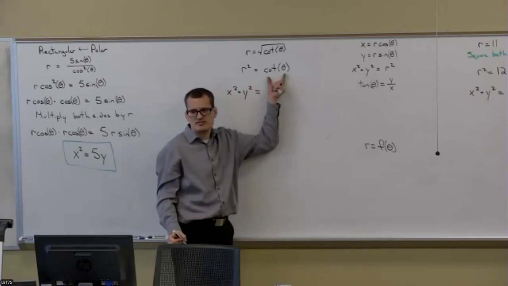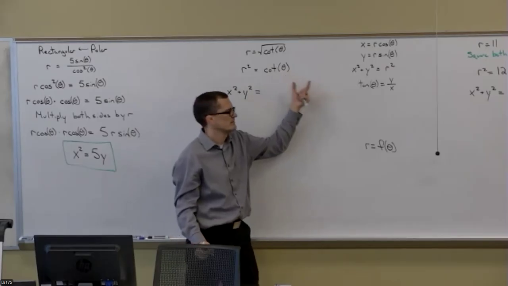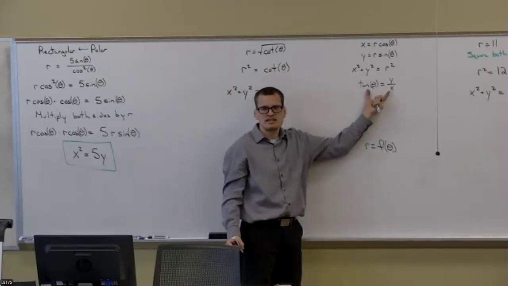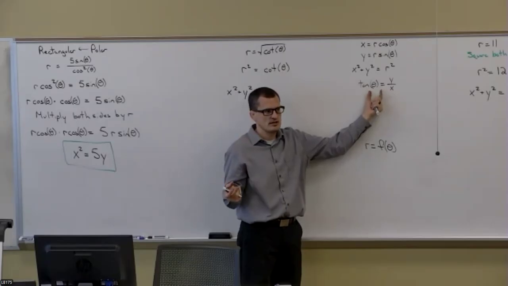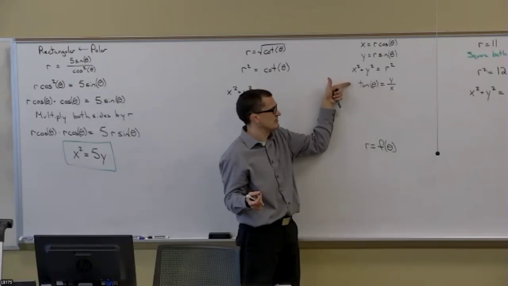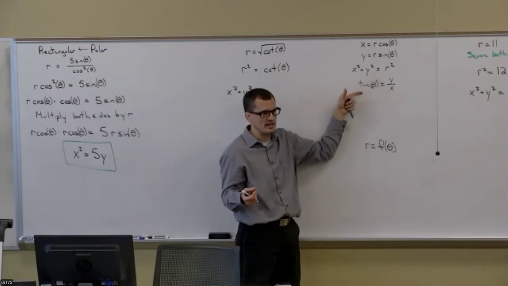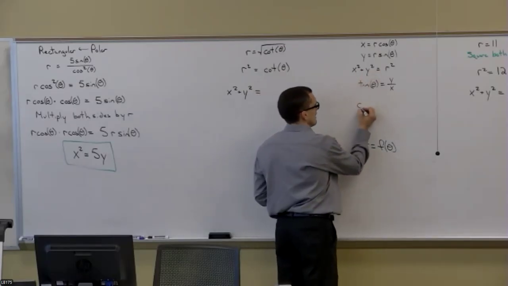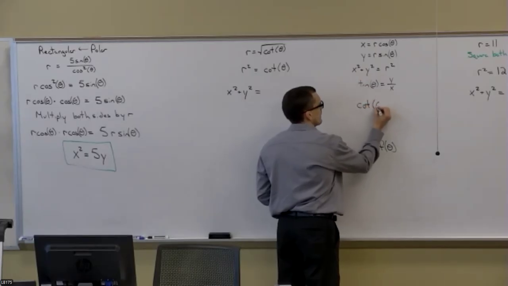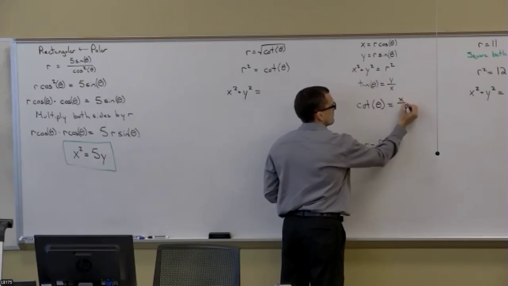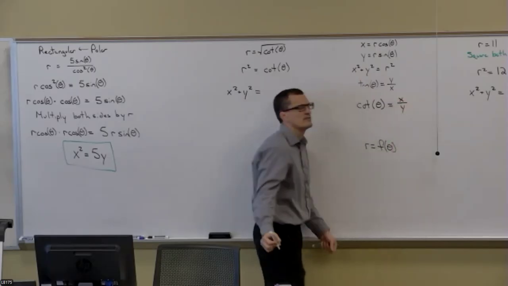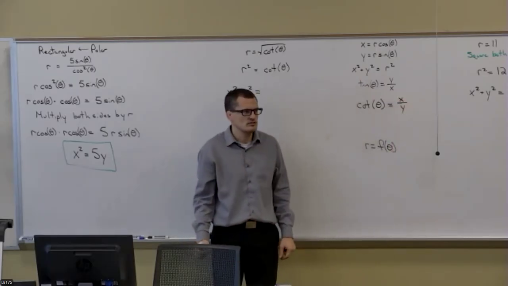And cotangent of theta, well, we know how tangent and cotangent are related. Tangent and cotangent are reciprocals of each other. So I know we always said tangent of theta is equal to y over x. But it's just as true, as long as we don't have 0 in the denominator, that cotangent of theta would be the reciprocal, which is x over y.